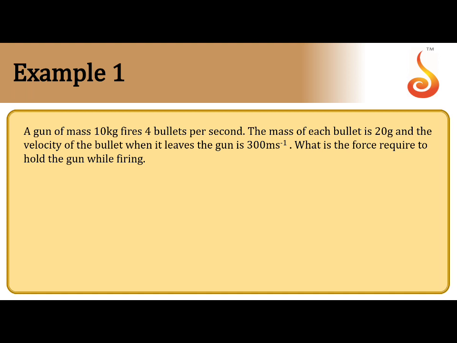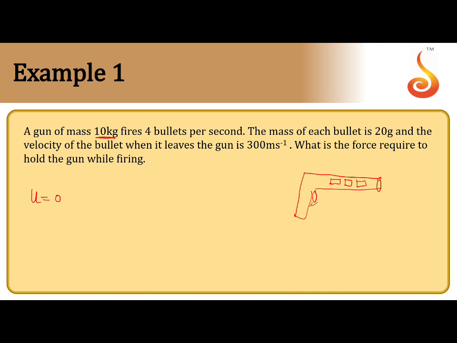So in this problem, we have a gun. The mass of the gun is given, 10 kg. There are bullets inside this. They are initially at rest, so the initial velocity of the bullet equal to 0.